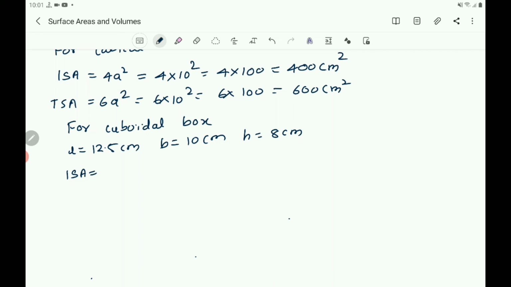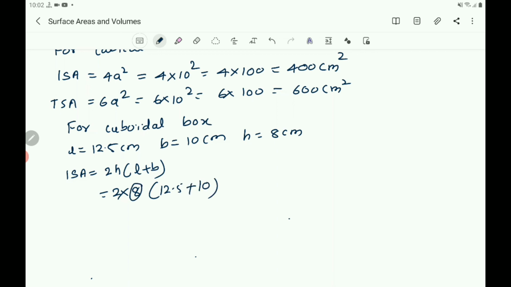LSA of the box is 2h into (l plus b). That is 2 into h is 8, l is 12.5 plus b is 10.